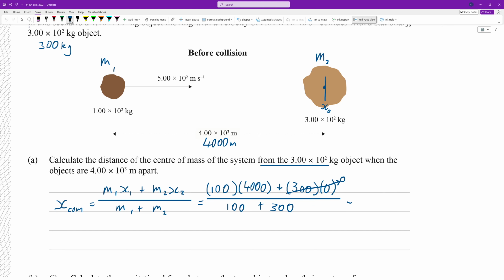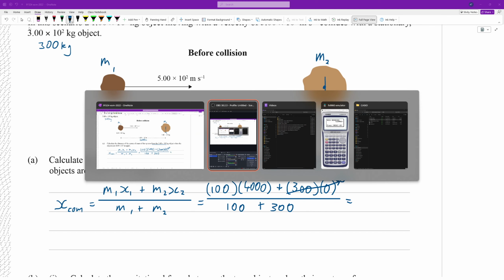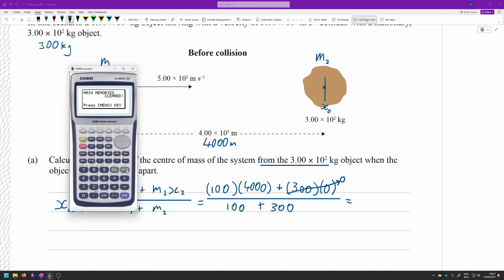And so if you punch that in on your calculator, here we go, menu, run math, so you can put a fraction, oh, mine's a little bit older, 100 times 4,000 equals 400,000, makes sense.